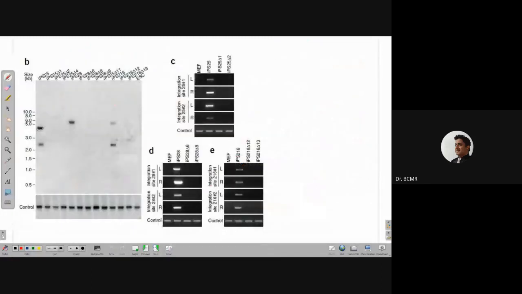And then they proved in several ways, using Southern blot and other things, whether it is multi-copy integration or single copy integration when they first did that. They identified several iPSC lines.